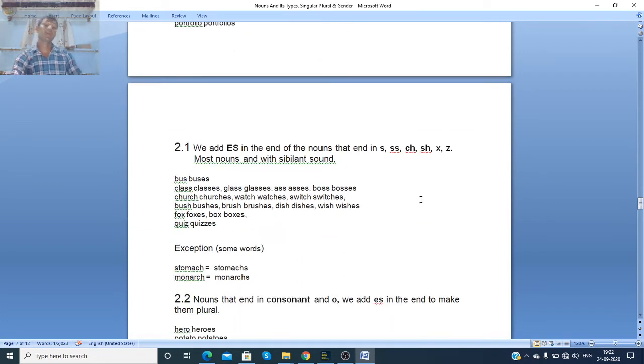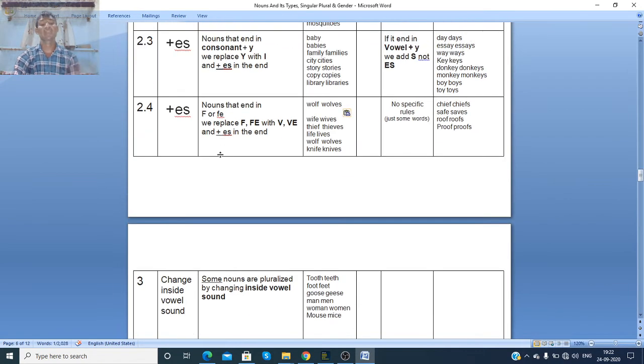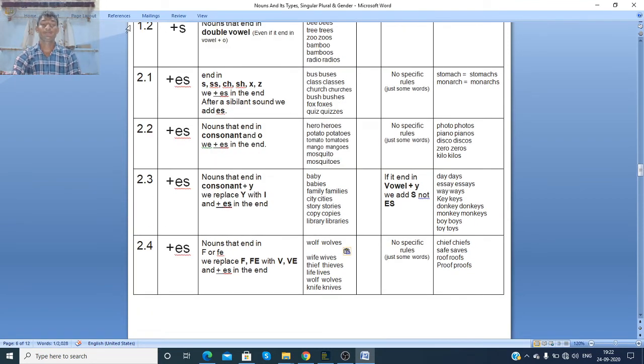Rules 2.1, 2.2, 2.3, and 2.4 are for making nouns plural by adding es at the end of the word. You can say noun or word, because noun is also a category of word. And here are four rules for making a noun plural by adding es.